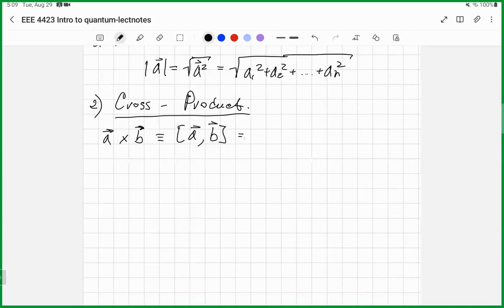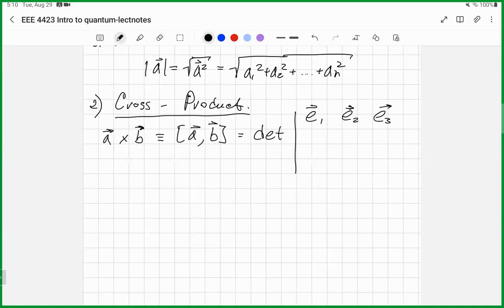And the way we find the cross product of two vectors is through the determinant of a matrix, the determinant of the matrix composed of the basis vectors E1, E2, E3.